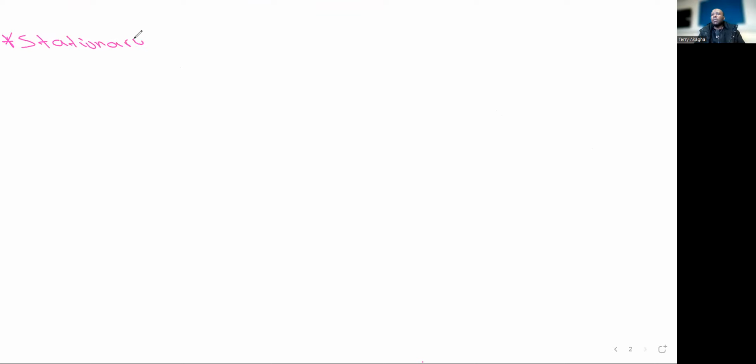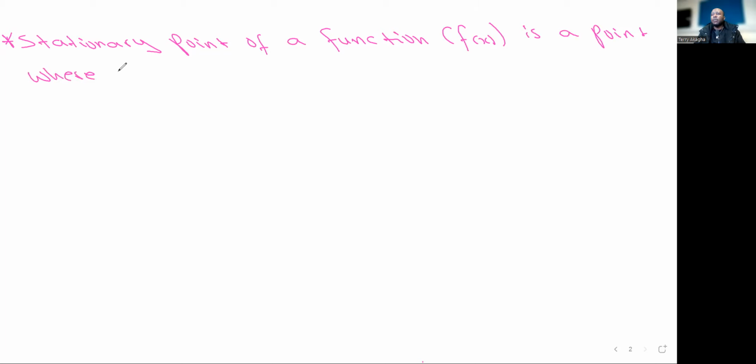We're going to talk about stationary points of a function, f of x. A stationary point of a function is a point where the derivative, so when we talk about the derivative, we're talking about dy over dx of that same function, is equal to 0.